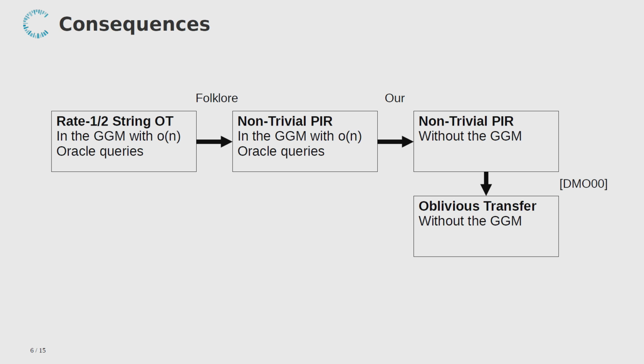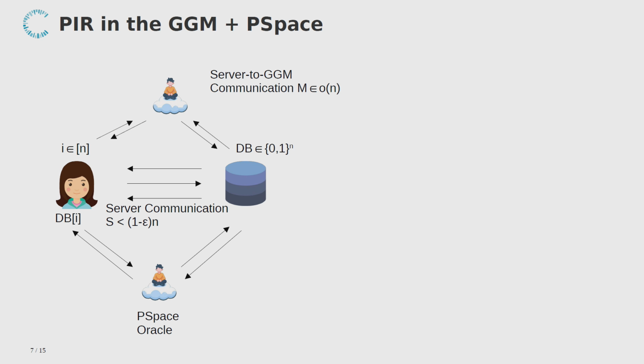In many lower bound proofs, you don't only have a generic group model oracle, you also have oracle access to some PSPACE-complete problem, so that it is possible to remove all other cryptography. Essentially, you can think of this PSPACE oracle as removing all other cryptography except for the generic group model.